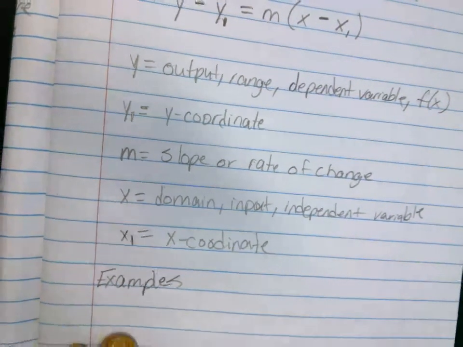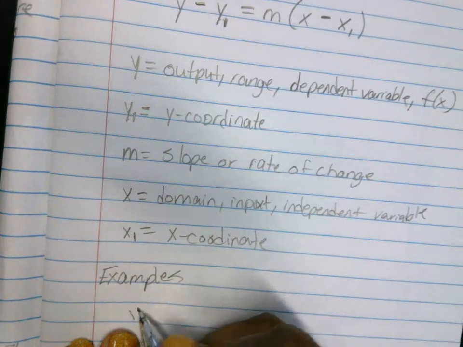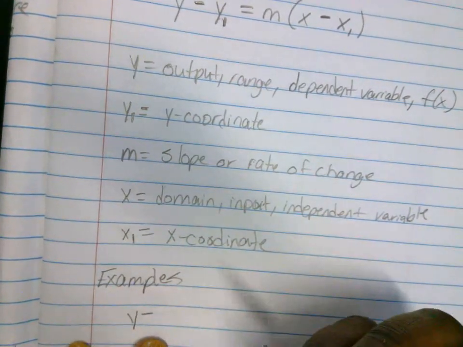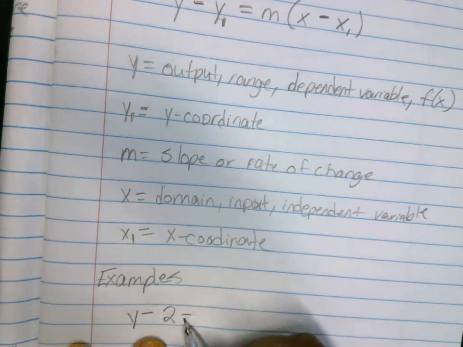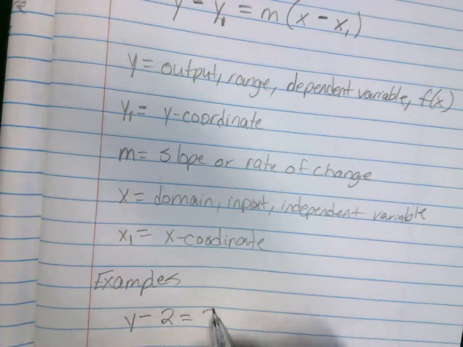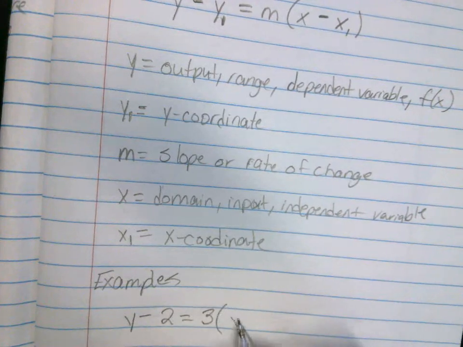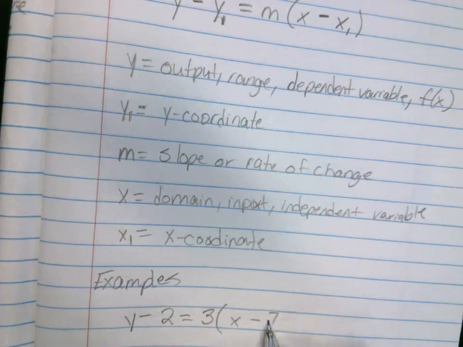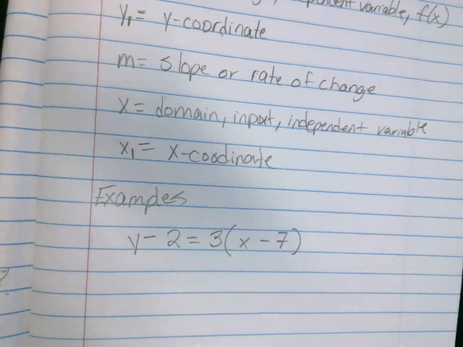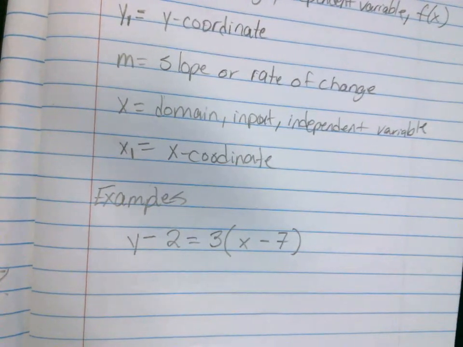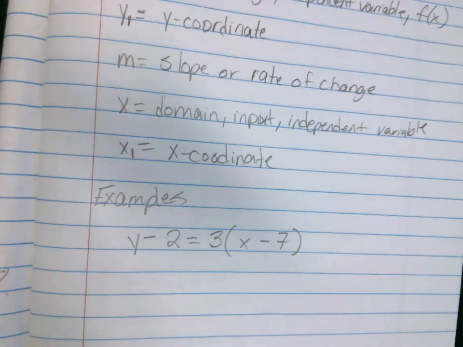Let's suppose that we have y minus 2 is equal to 3 parentheses x minus 7. When you see something that's written like this, it is in point slope form. What information do they give you? They give you the slope.